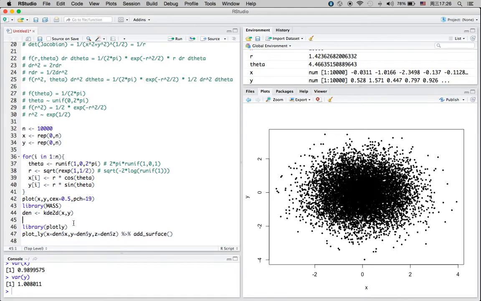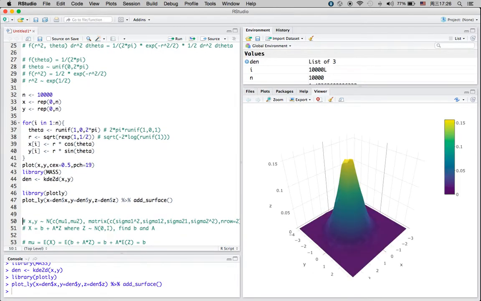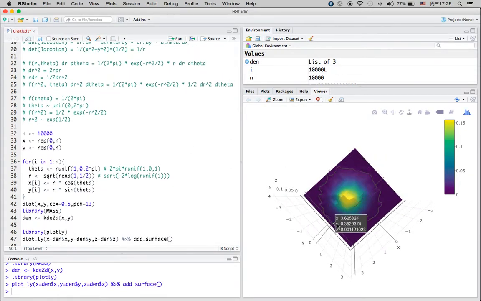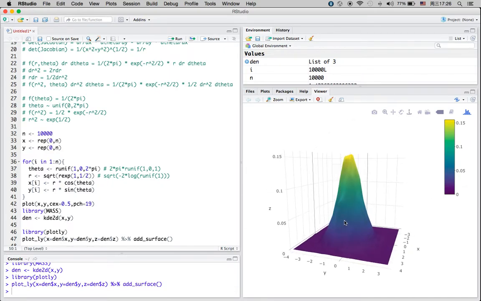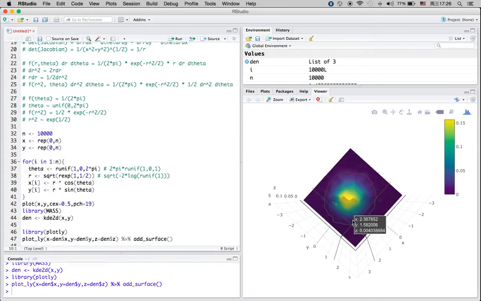Okay, so we can also plot a 3D graph here, so you can see that it is very close to normal on these two variables, from -4 to +4, and looks like a circle for the contour plot.